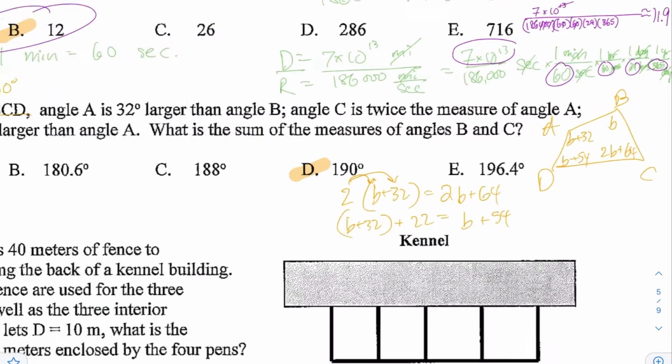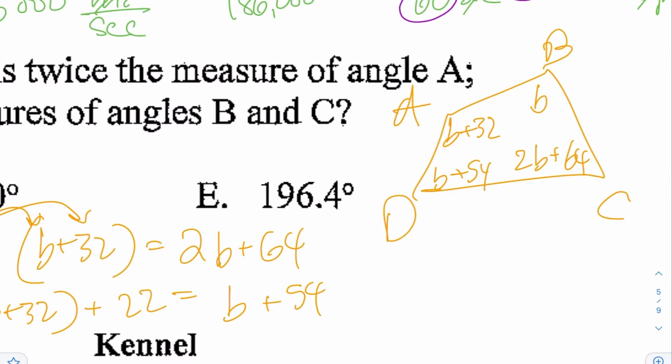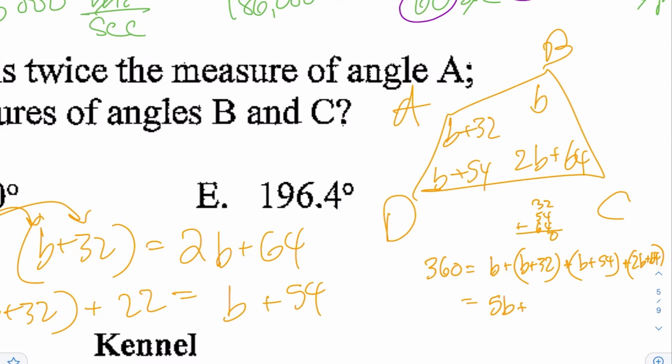So now you have everything in terms of B. So 360 degrees is going to be B plus 32 plus B plus 54 plus 2B plus 64. So when you combine like terms, you have 5B and you have 32, 54, and 64 to add.